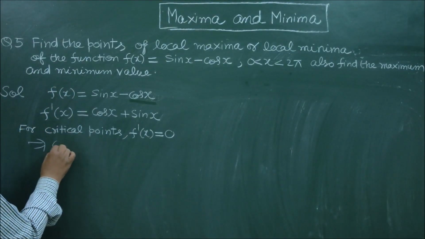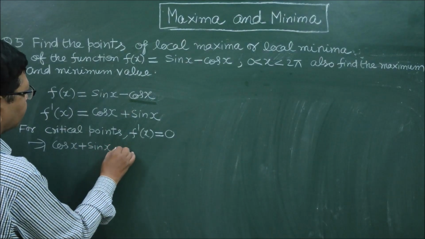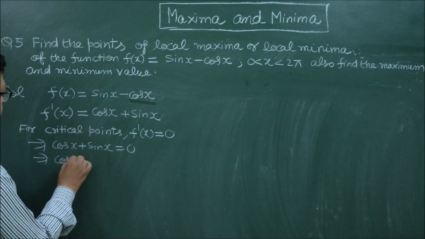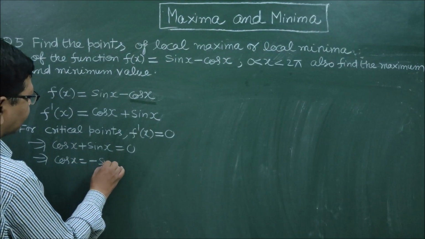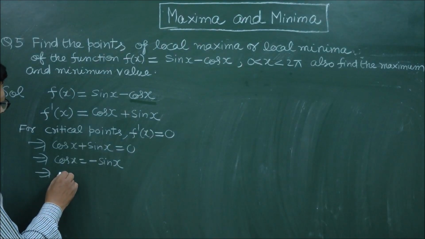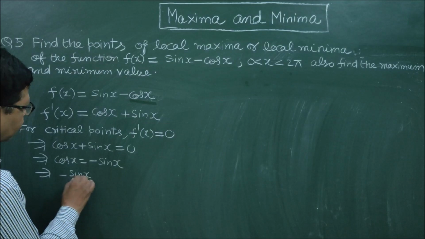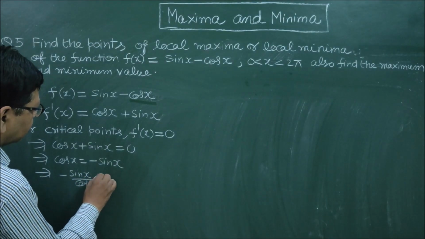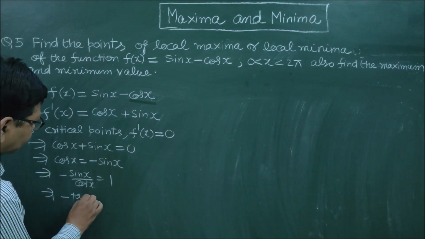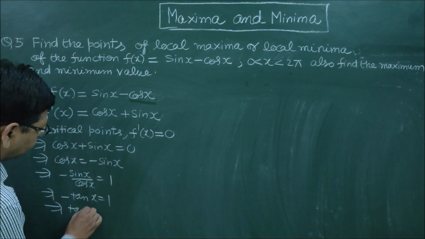So putting cos x plus sin x equal to 0, this gives us cos x is equal to minus sin x, or minus sin x upon cos x is equal to 1, which implies that minus tan x is equal to 1, or tan x is equal to minus 1.